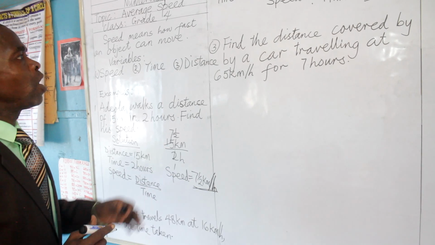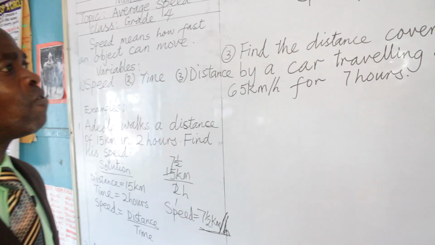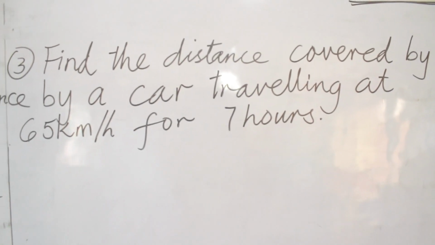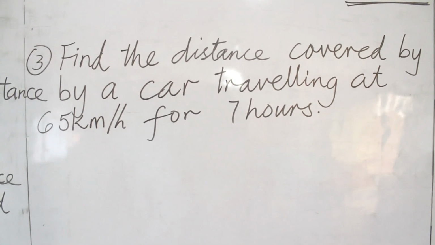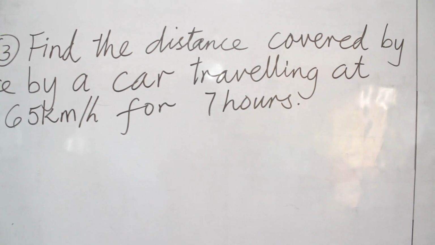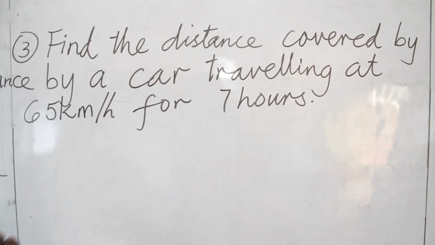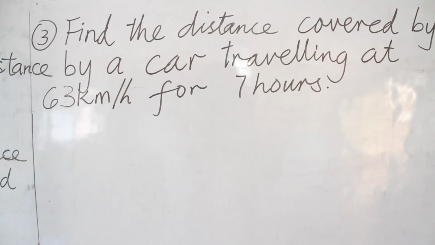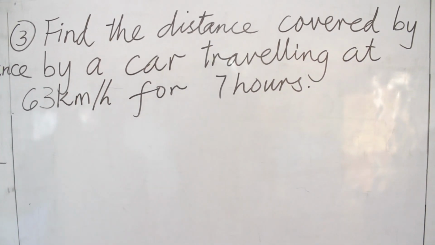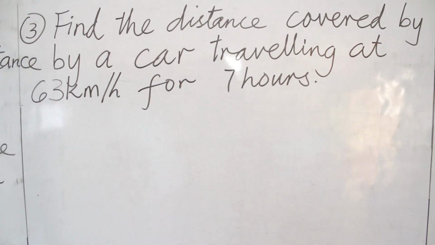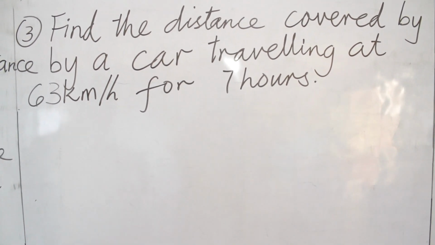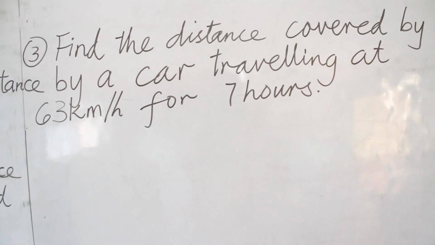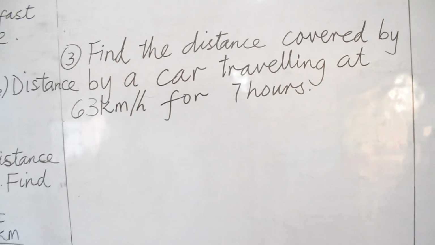Example 3. Find the distance covered by a car traveling at 65 kilometers for 7 hours. At this level, let me give you 63 because I wouldn't want you to have any left over. Find the distance covered by a car traveling at 63 kilometers per hour for 7 hours.